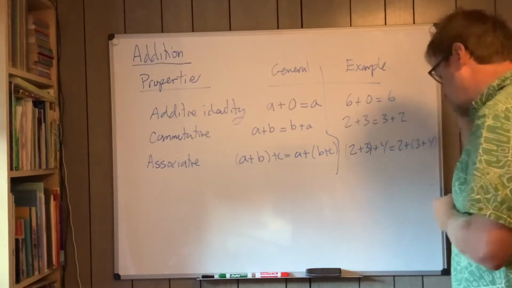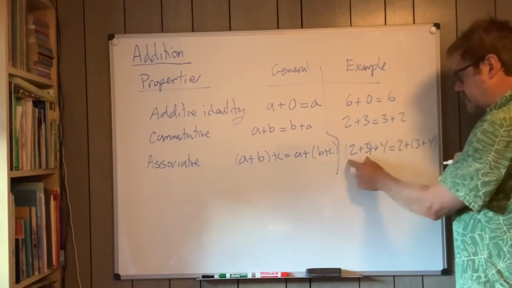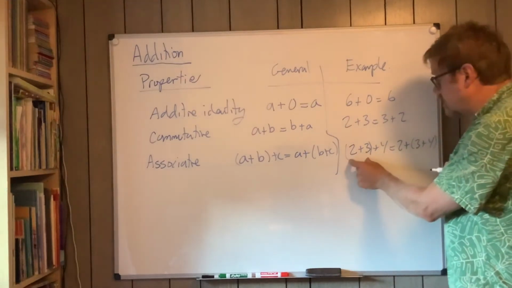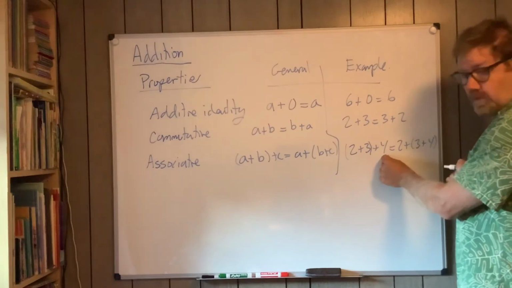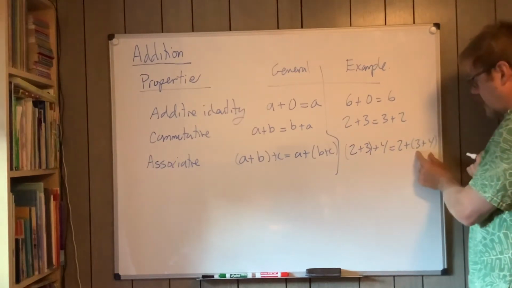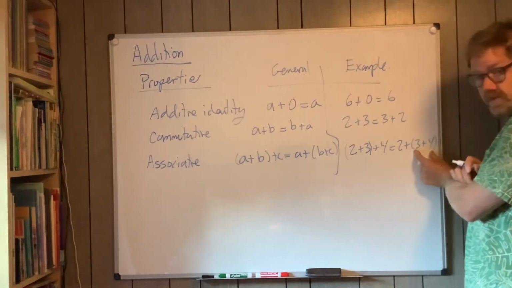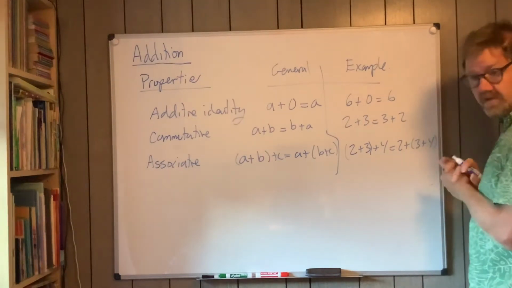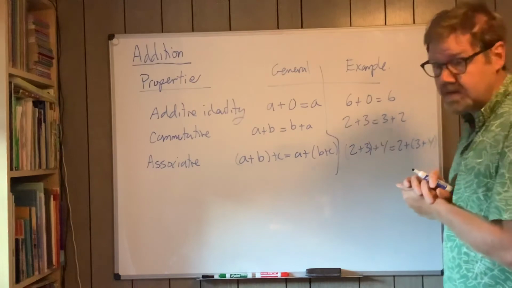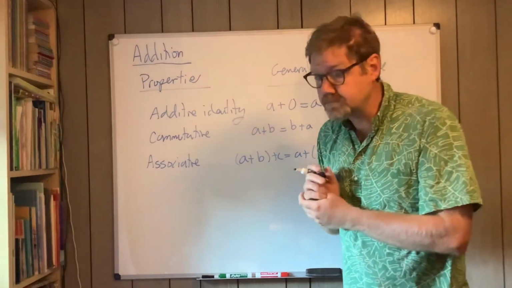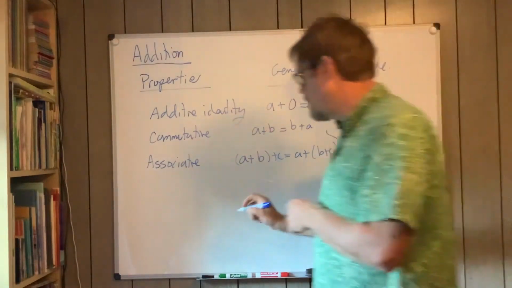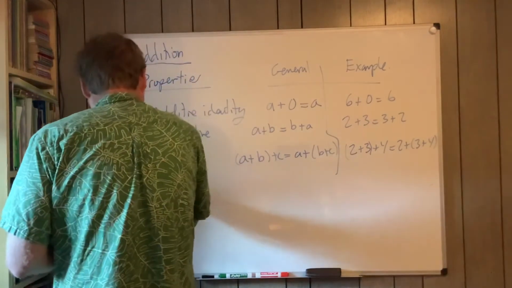If I'm adding all 3 of these numbers, I add the first 2 to get 5 and then add 4, it's 9. Or, we need to do parentheses first, remember, 3 plus 4 is 7, and then I add 2 and I also get 9.